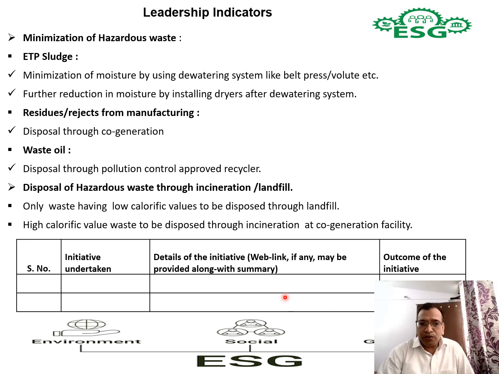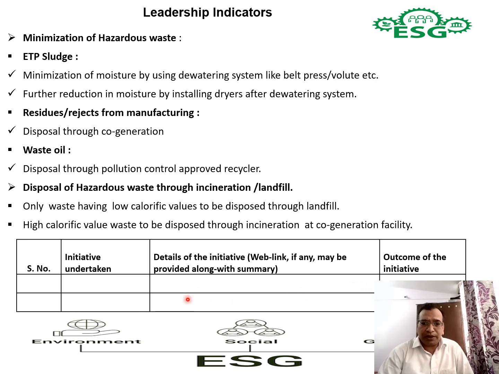Maybe last year you generated around 100 metric tons of waste, and this year you have reduced it to 80 metric tons by incorporating the above methods. So that is a 20 metric ton reduction, and you can mention here that we have achieved a 20% waste reduction as compared to the previous financial year.